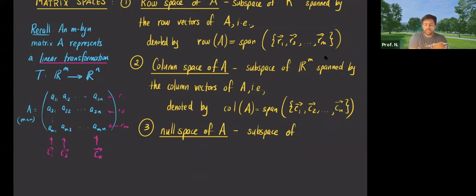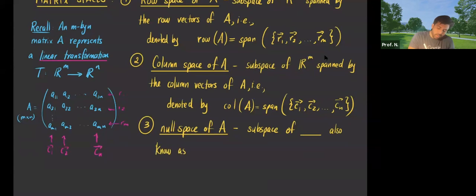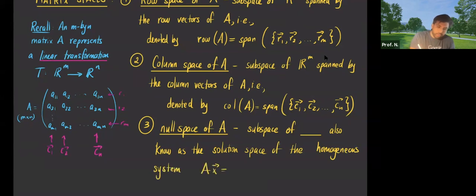So, Baldwin, why do you think the null space of A is a subspace of Rn? I'll leave it blank for now. It's also known as the solution space of the homogeneous system AX equals 0.